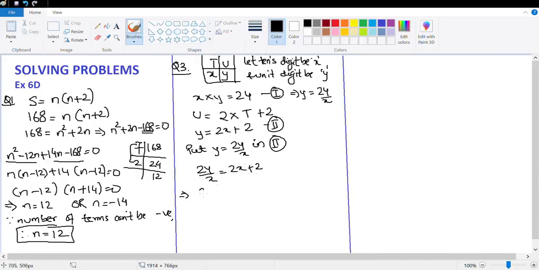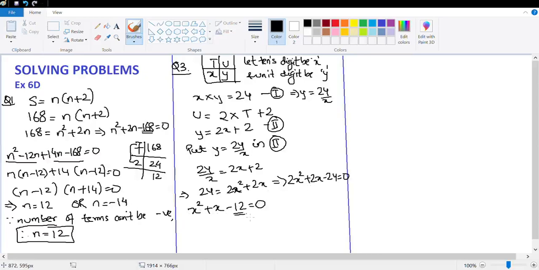This will give me 24 is equal to 2x square plus 2x. Let's take 24 on the other side. This gives me 2x square plus 2x minus 24 is equal to 0. Anything common? Yes, 2 is common through all these numbers. So let's divide both sides by 2. x square plus x minus 12 is equal to 0.